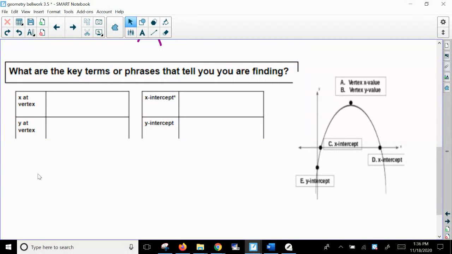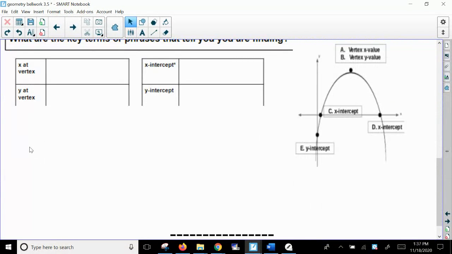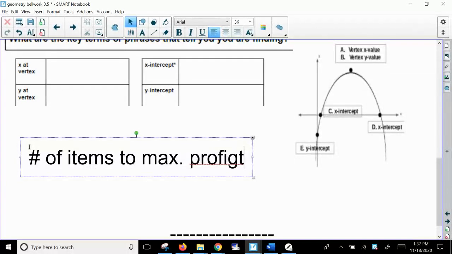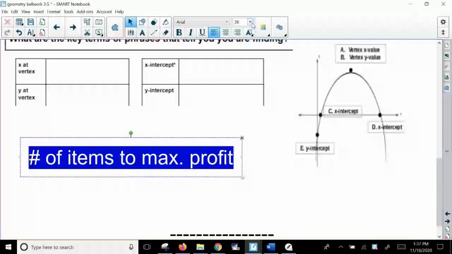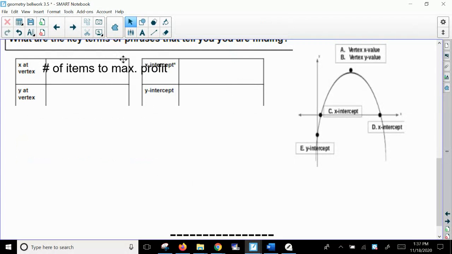When it's X at the vertex, X at the vertex was A. We knew it was A because it was number of items to maximize profit. Number of items to max profit, to maximize your profit. And then I have to make it fit in that little box there.